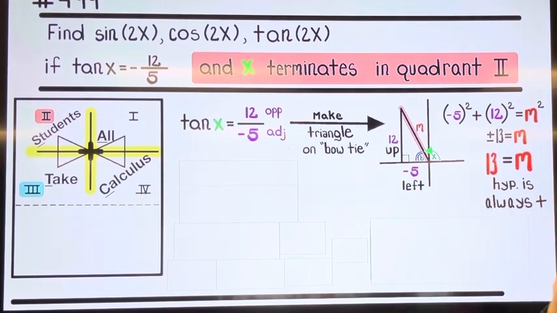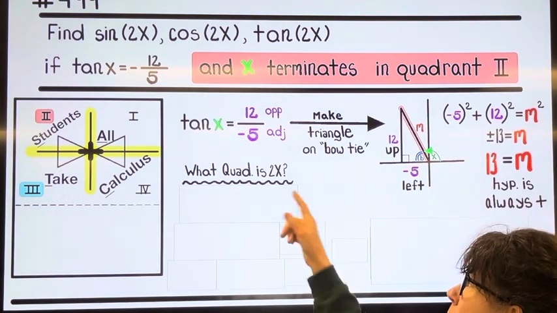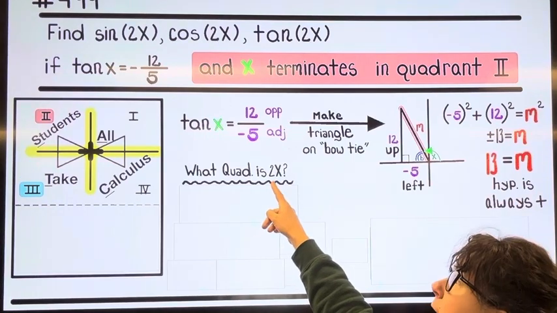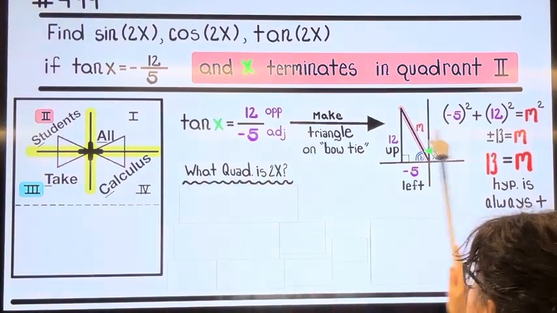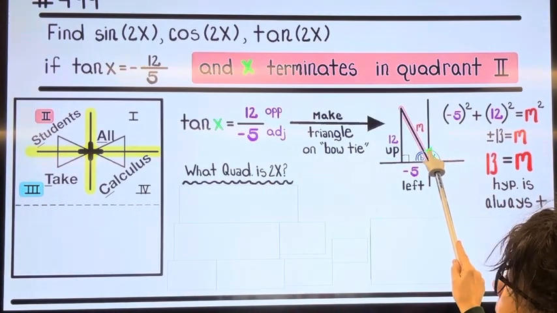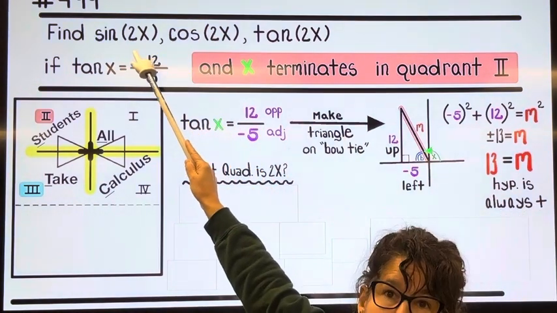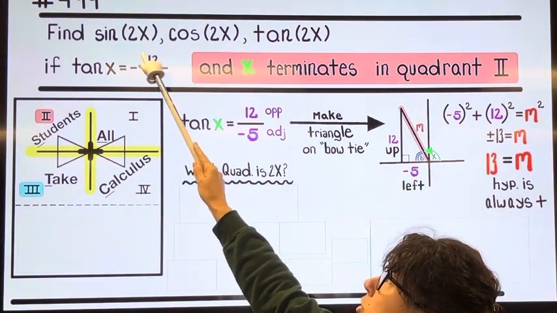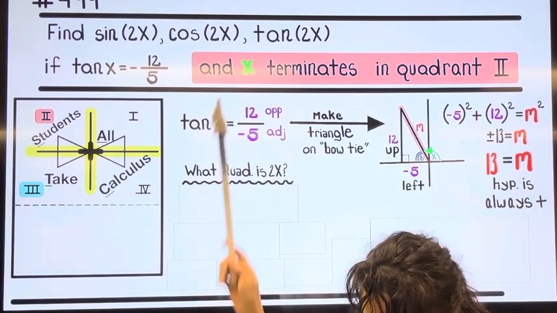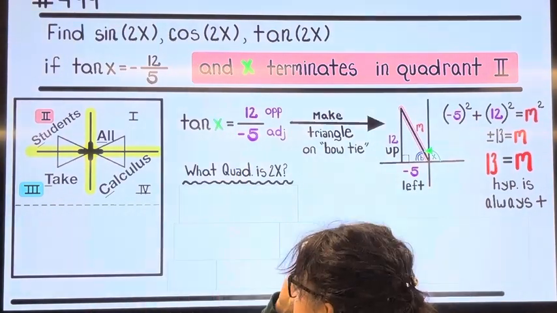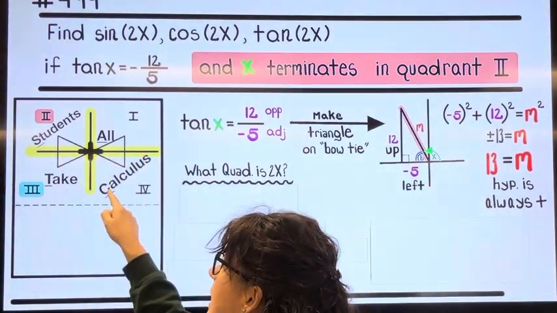Now that we have this information, let's do just a little bit more work. We're going to need to figure out what quadrant 2x is located in, because our triangle is built based on angle x, but we're going to be finding the answer to the trig functions of 2x. Remember the little device here, all students take calculus.